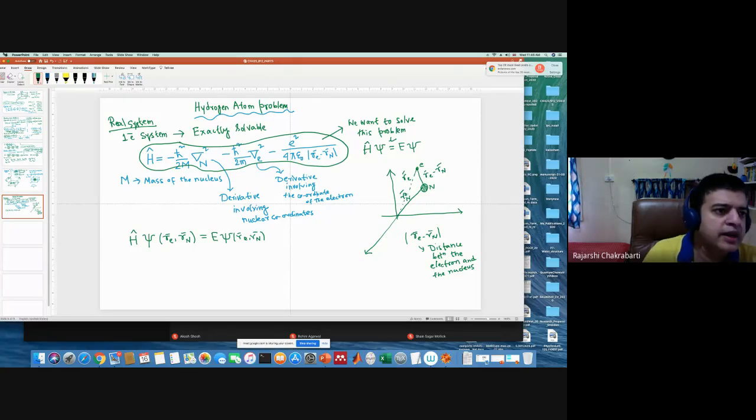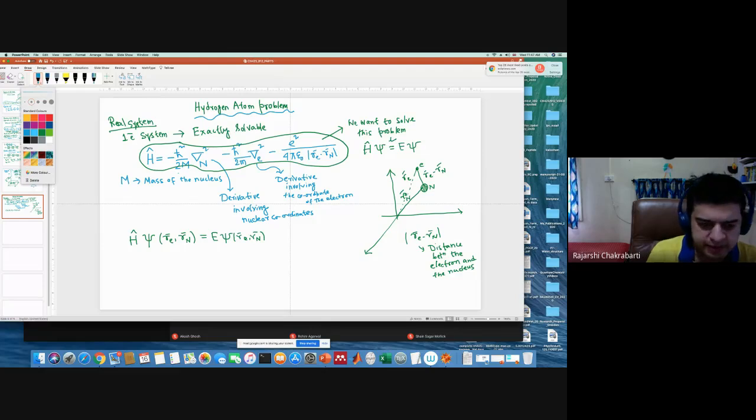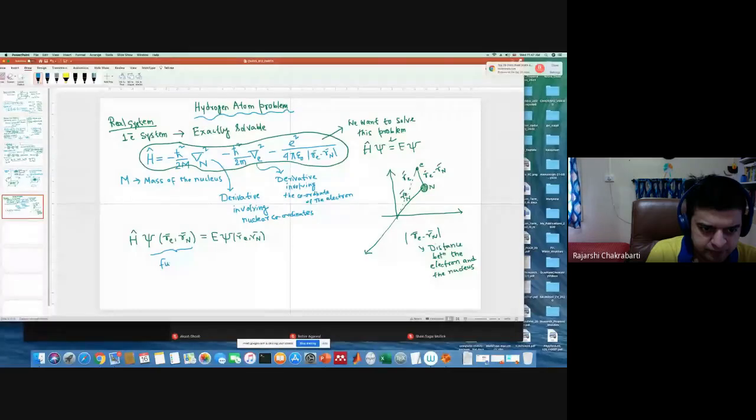Now look carefully. This psi I have written here, this is a function of how many variables? Of how many variables? 6 variables.